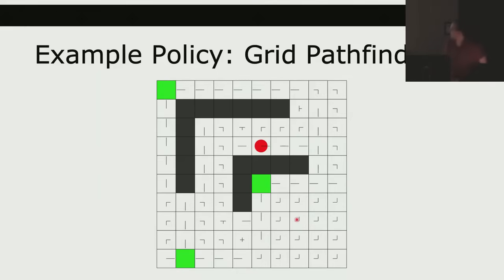Here's an example of a policy, and we will be doing this in one of our assignments. So this is a pathfinding problem in which the white squares are sort of open areas in the environment. The agent is the red dot, and the agent can move up, down, left, and right, and they are blocked by these dark squares. And so the objective here would be, okay, maybe I want to get to the nearest green cell as fast as possible.